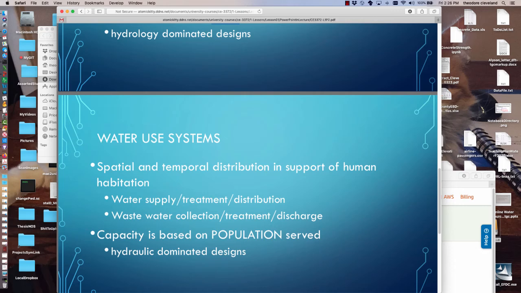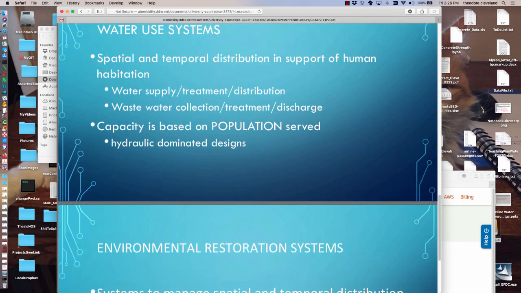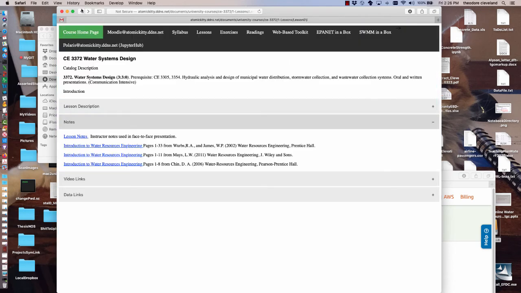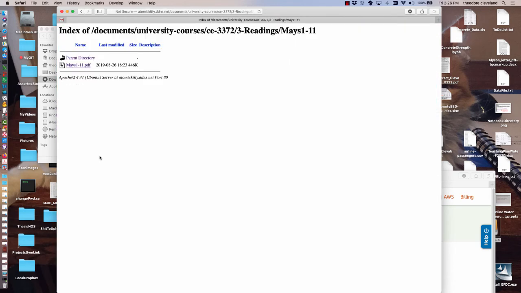And then to complete the discussion, I have a little bit of bullet item on an environmental restoration system, and these are described to some extent in Mays.